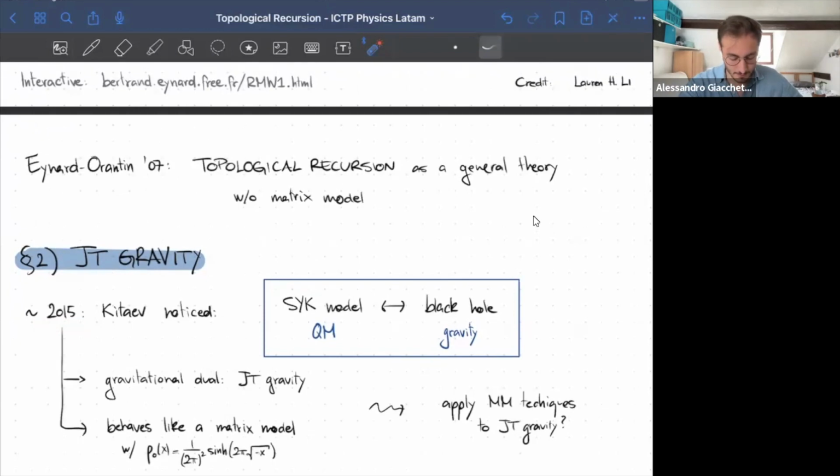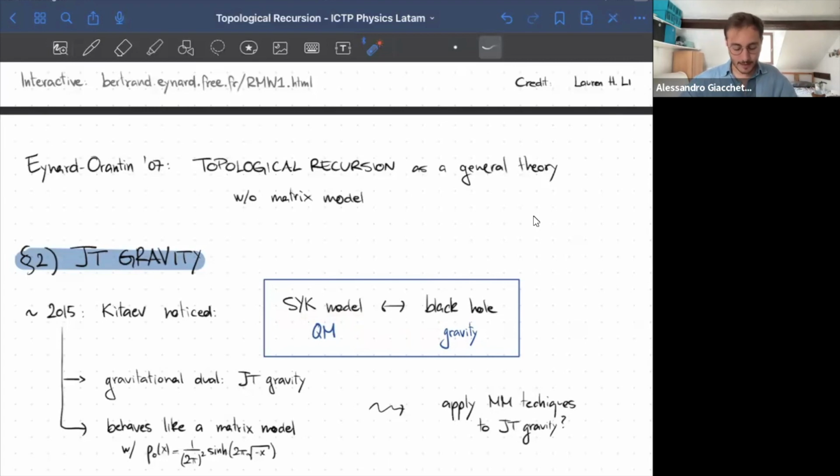Kitaev was studying a certain quantum mechanical model known as the SYK model. And he noticed that this model has many features that you can see in black holes. And when you see something like this, where on the one hand you have quantum mechanics and on the other hand you have gravity, this is really exciting because it's something like AdS/CFT, some kind of holography correspondence.